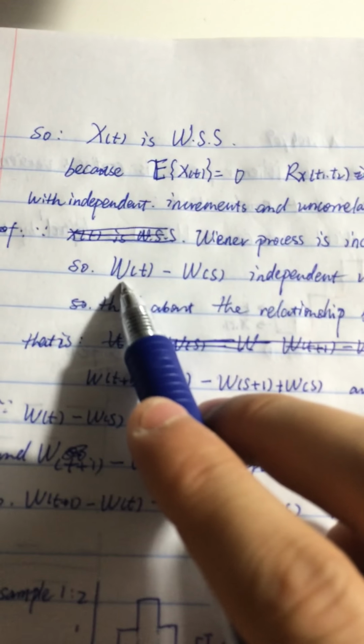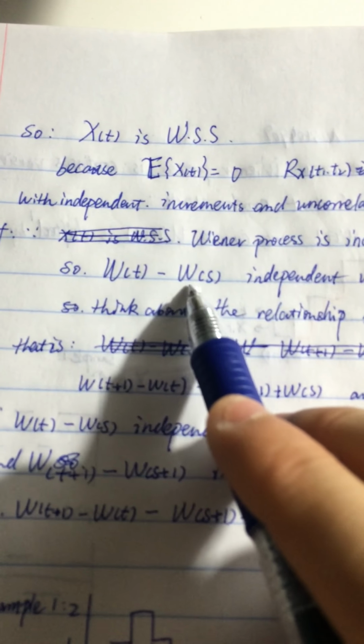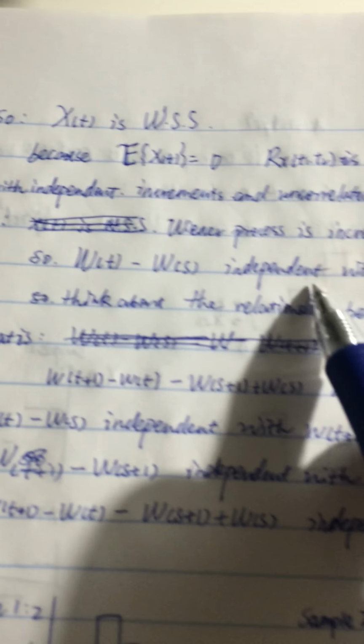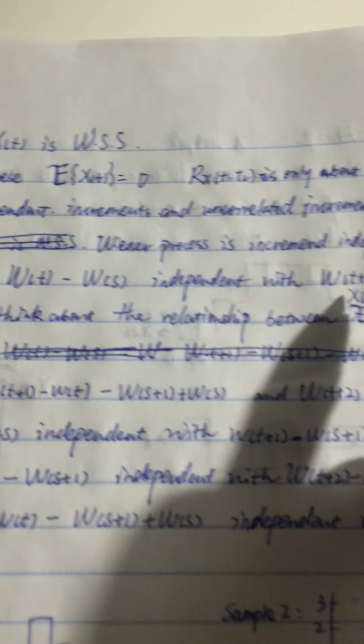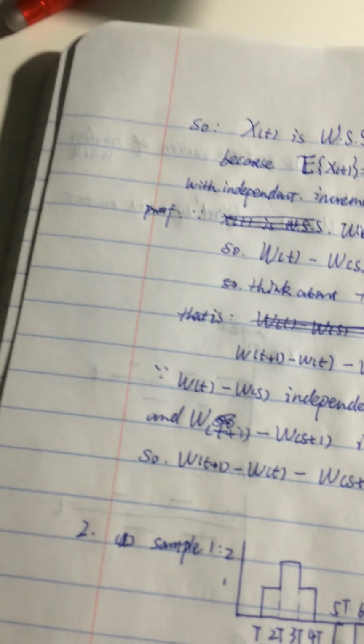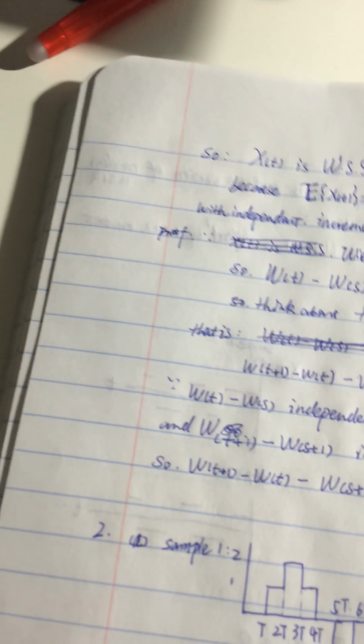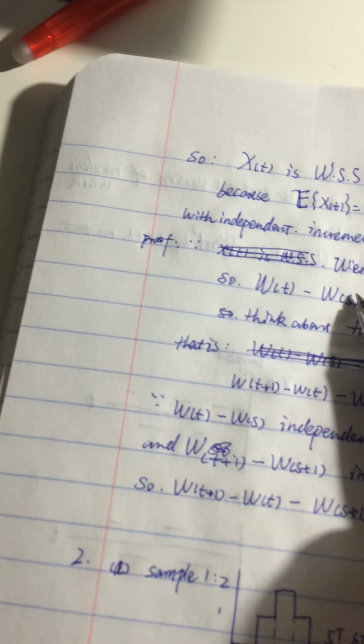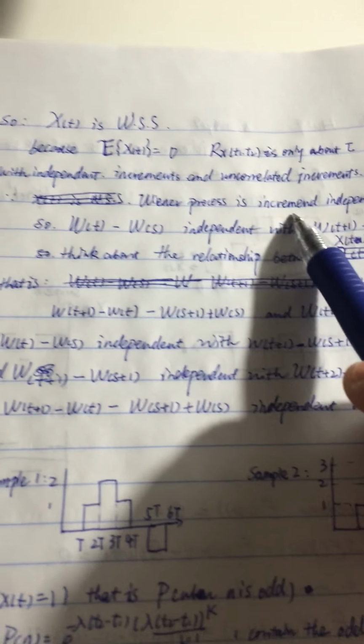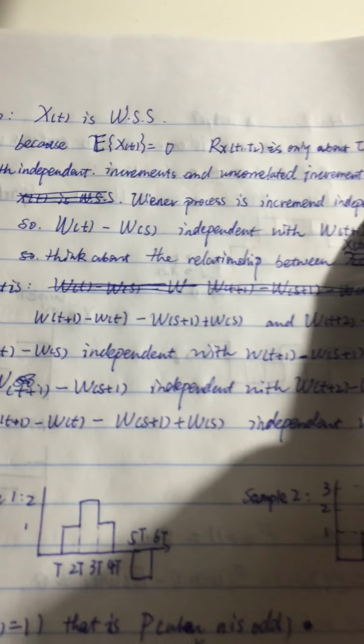So W_t minus W_s is independent of W_{t+1} minus W_{s+1}. Why is that? Because we already know the Wiener process has independent increments.